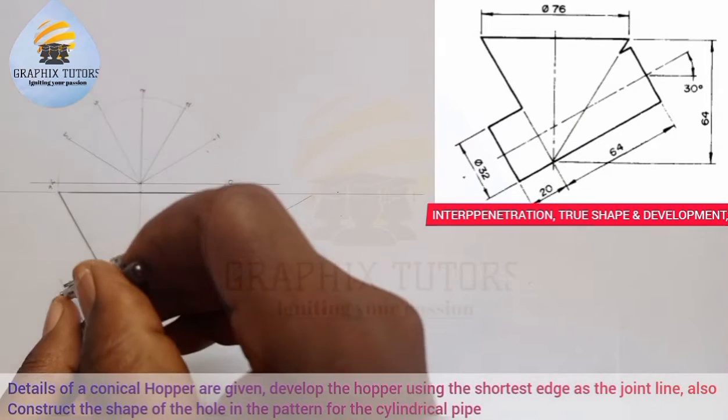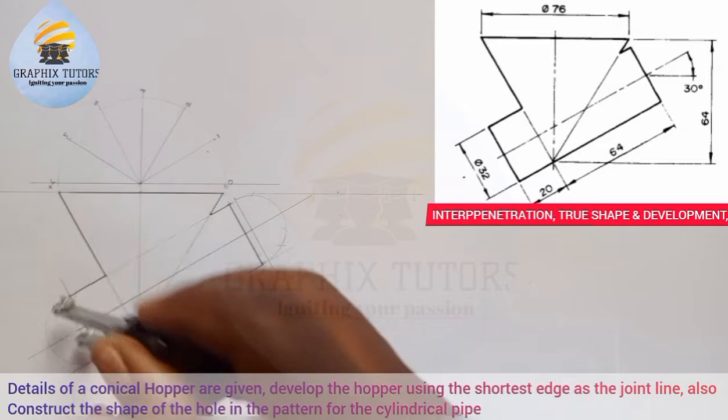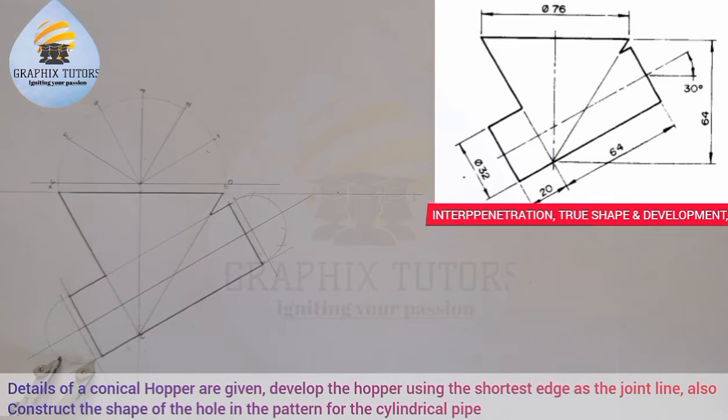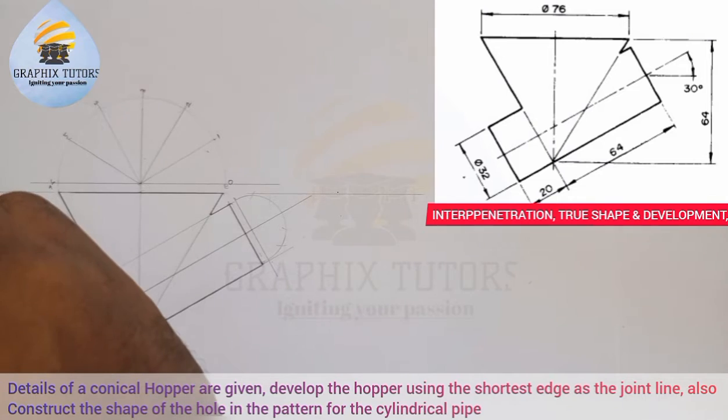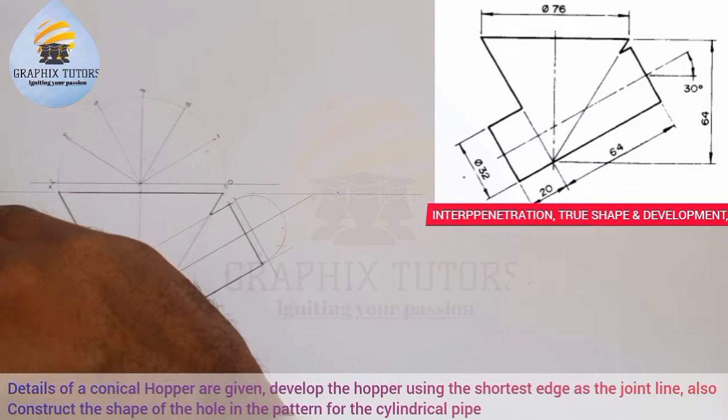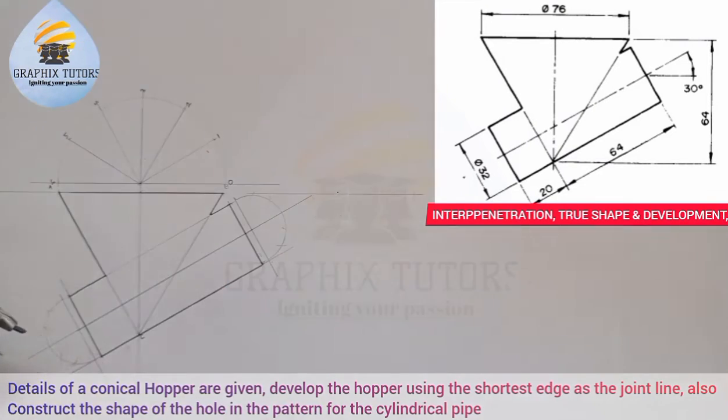The radius of the semicircle, I'll place it here and cut. I'll place it here also and cut. I'll place it here, and cut this level and this level. Let me make that easy.